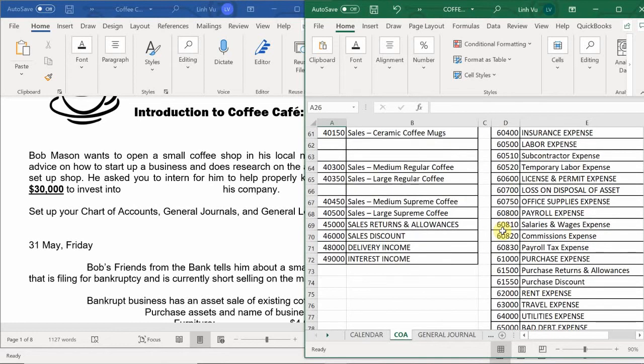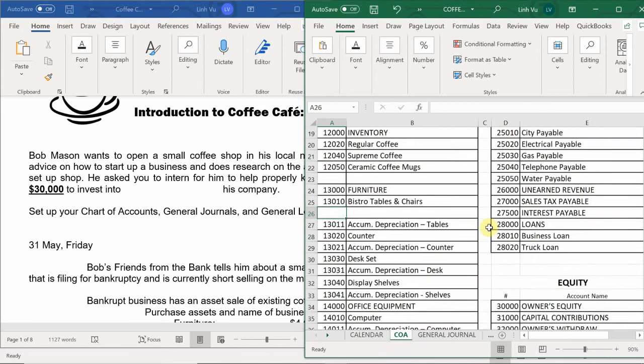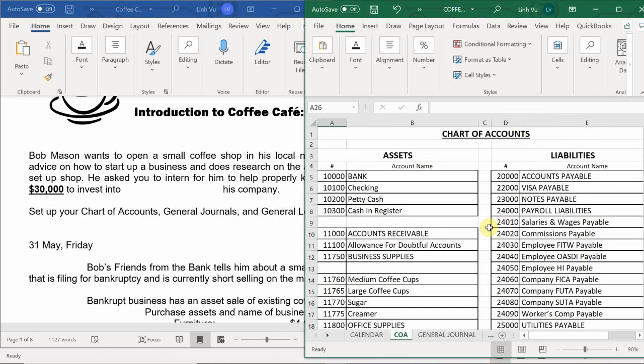Okay, so if you remember how to do transaction analysis, one of the steps is to refer to your chart of accounts to see if an account exists for you to organize the information in a orderly way, okay? So your chart of accounts is going to be one of your best friends, especially when we go through understanding the transaction and how we journalize it, okay?